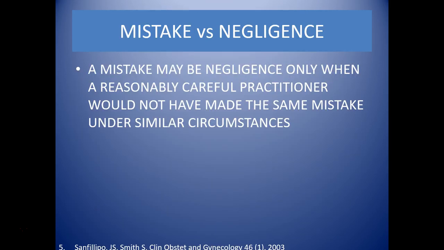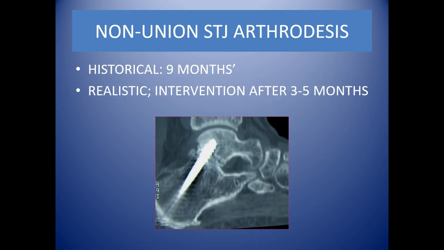So how do we define the difference between a mistake and negligence in looking at our own work and the work of others? And generally, a mistake is something that is negligent only when a reasonably careful doctor would not have made the same mistake under the same or similar circumstances. So the mere committing of a mistake is not in and of itself negligence, because there are situations where a reasonable doctor may have made the same mistake under similar circumstances.